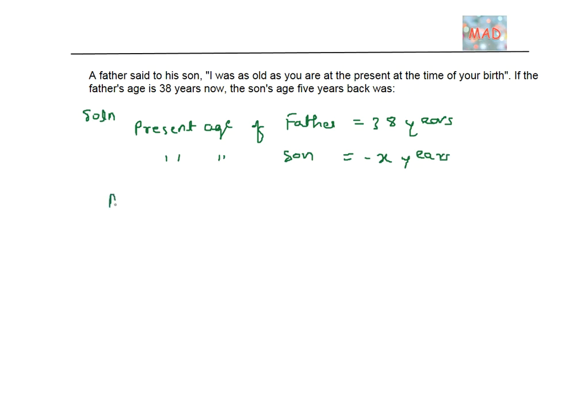So at the time of birth, okay, the father says, so at the time of birth means x years back. So the father's age was 38 minus x.